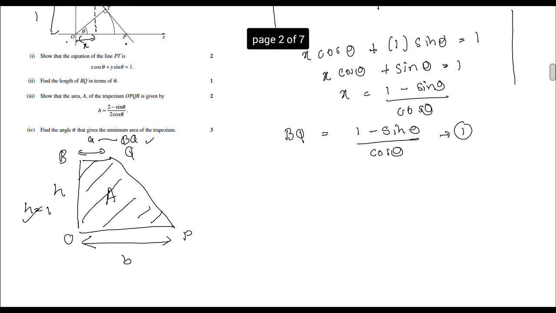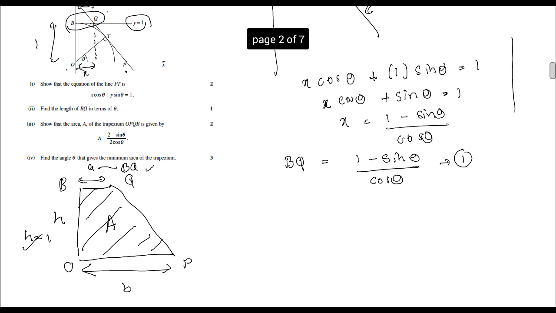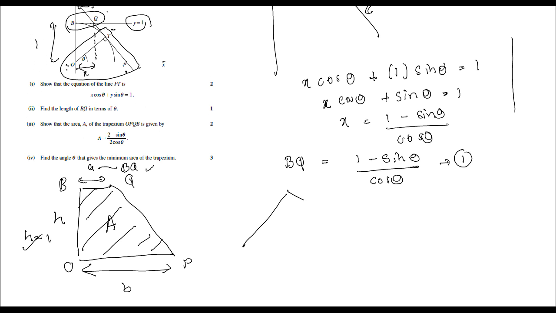Now from OTP, that triangle here, if I redraw it, OTP is 90 degrees, and this side is 1. So I want to find OP.